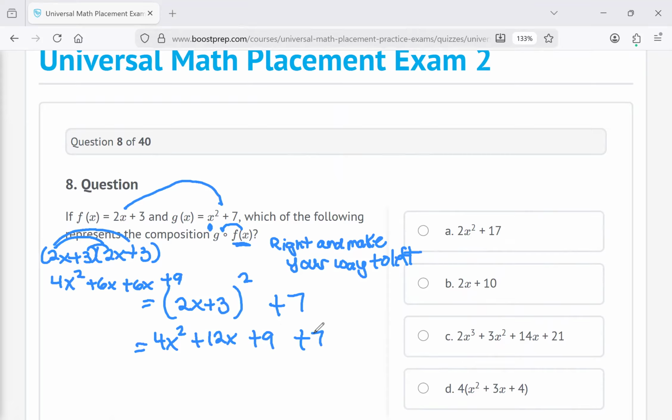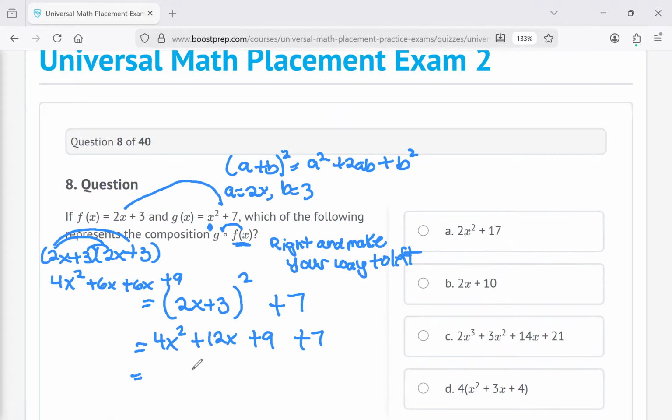Now, if you want to do the shortcut, the shortcut is (a plus b) squared equals a squared plus 2ab plus b squared. You just have to figure out your a. So our a would be 2x and my b would be 3. Once you know your a and your b, put it in the formula and you get this.